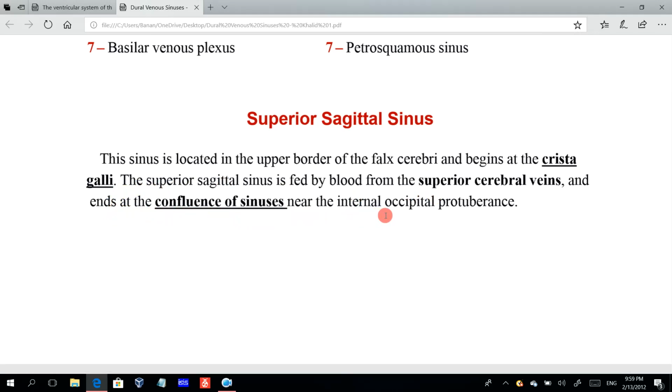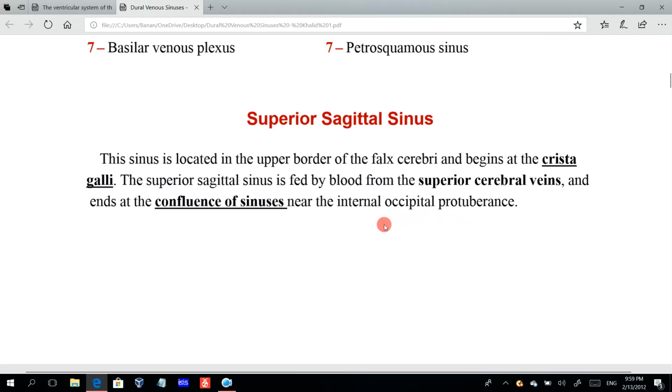Actually, many sinuses are directed backwards, surrounding and beneath and in between the hemispheres of the brain. Their blood passes posteriorly to an area which is near the internal occipital protuberance.